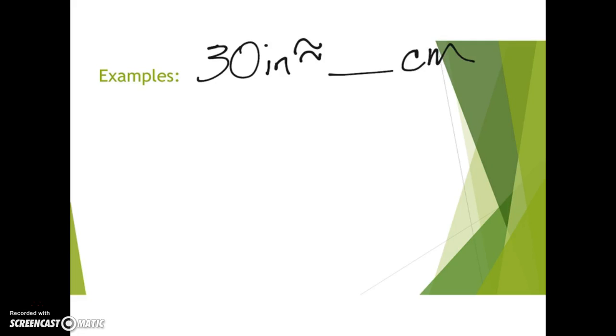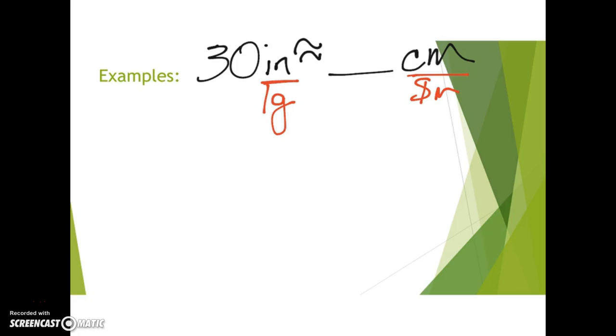So let's look at an example. Okay? First of all, let's try switching from 30 inches. And we want to know approximately how many centimeters that would be. All right? So we look at our conversion chart, just like we did in the last section. And we notice, okay, I'm going from inches to centimeters. Excuse me, we're going from larger to smaller. Okay. So inches are bigger than centimeters.